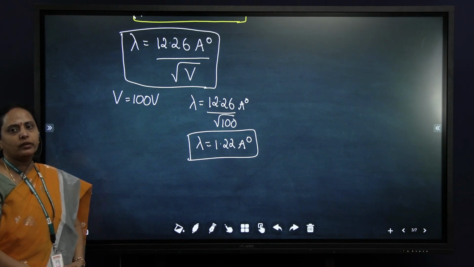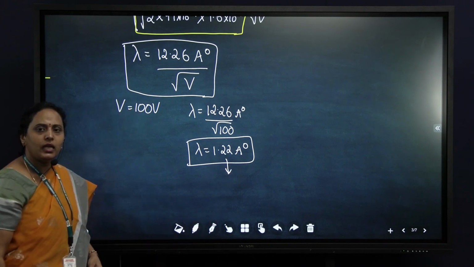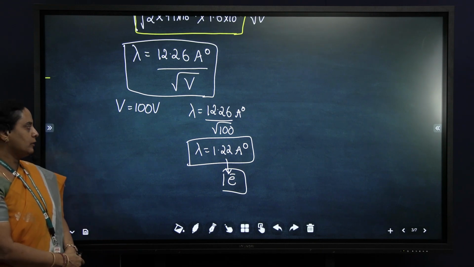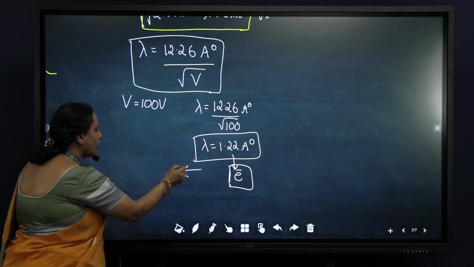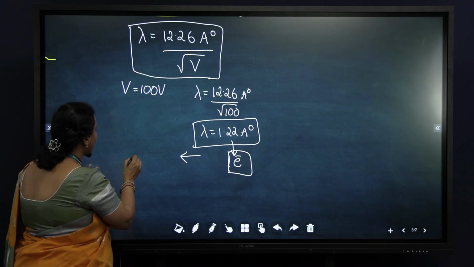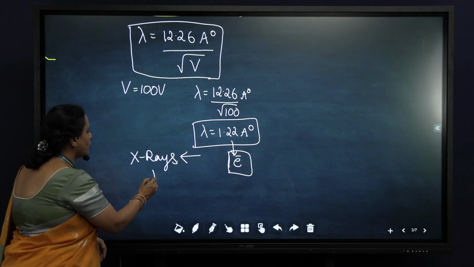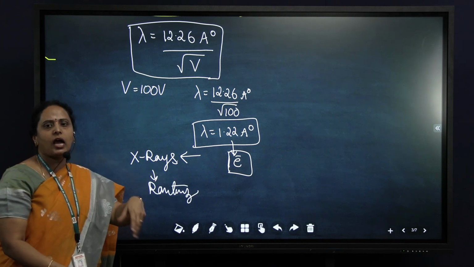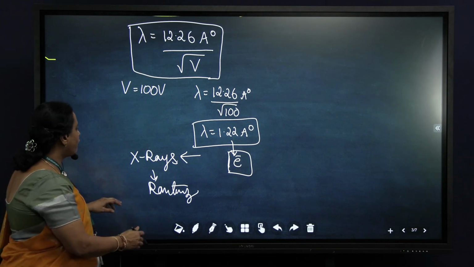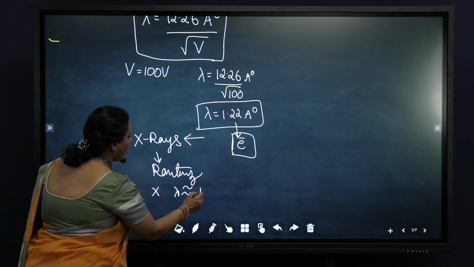So what does it mean? What is the conclusion given by de Broglie? Now this wavelength is the electron's wavelength. In those days, one more kind of wave was discovered, and those waves are nothing but X-rays. X-rays were accidentally discovered by a famous scientist known as Röntgen, and Röntgen found the wavelength of these X-rays to be around 1 angstrom.